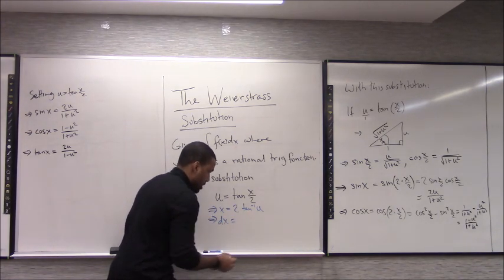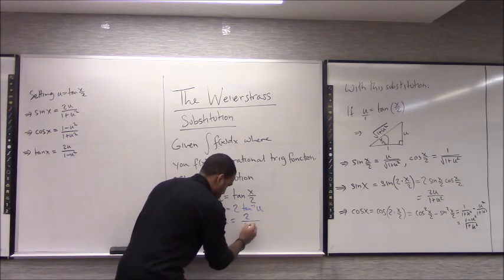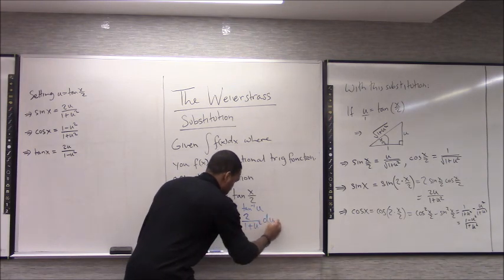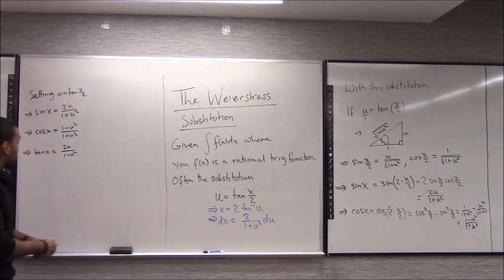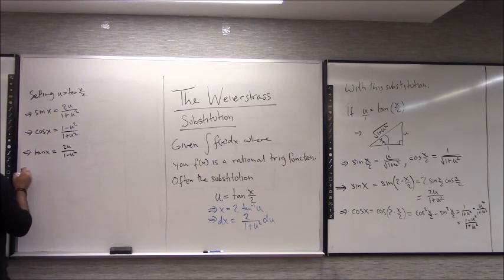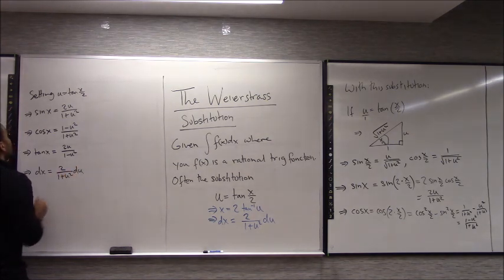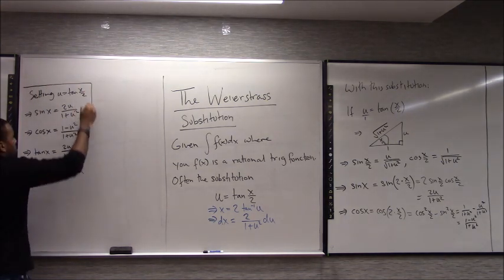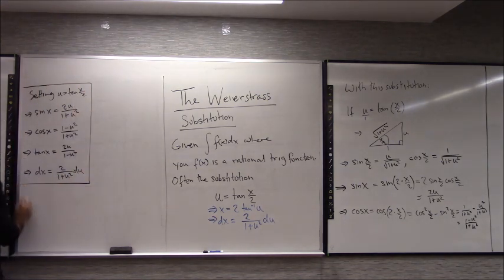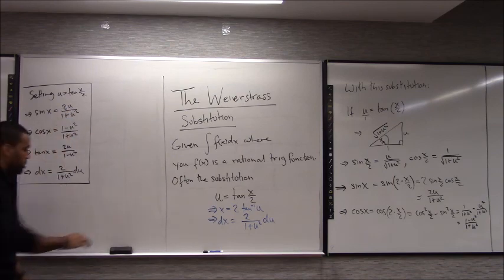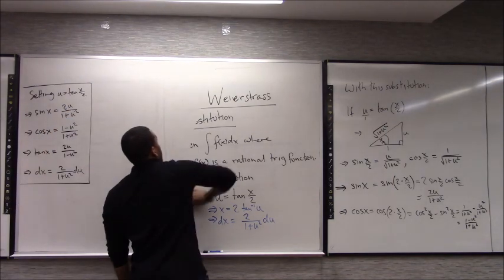The derivative of tan inverse is 1 over 1 plus u squared. And so I can change my dx to 2 over 1 plus u squared du. So we have this set of equations here from which we can construct any trig functions that we want from x's to u's. How is that useful? Let's actually do an example.